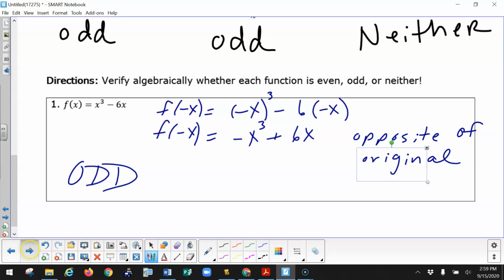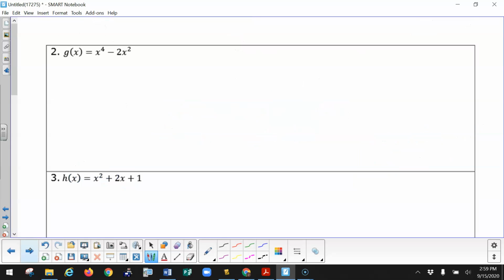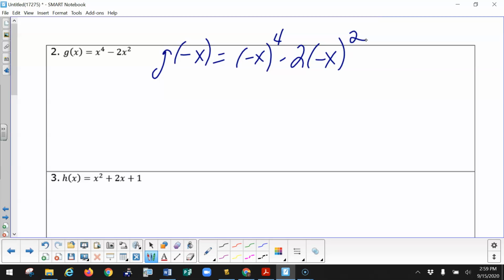And then the second example, again, I'm just plugging in negative x for all my x's, and I'm going to simplify. Raising a negative to an even power turns it positive. And with this one, you want to make sure you follow your order of operations.